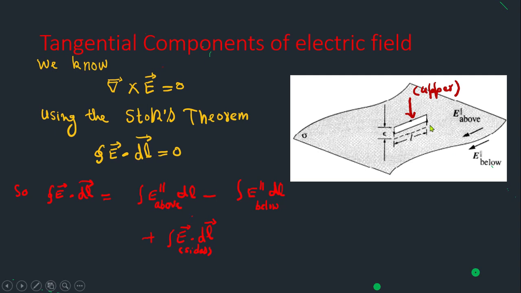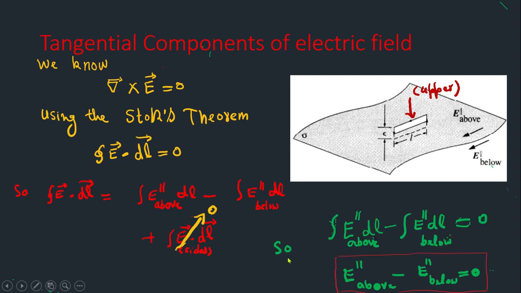And for these sides, the length is equal to epsilon. This epsilon is very small, the width approaches 0, so this line integral goes to 0, and we can write this closed line integral in this way: integral E parallel dl above minus integral E parallel dl below is equal to 0.